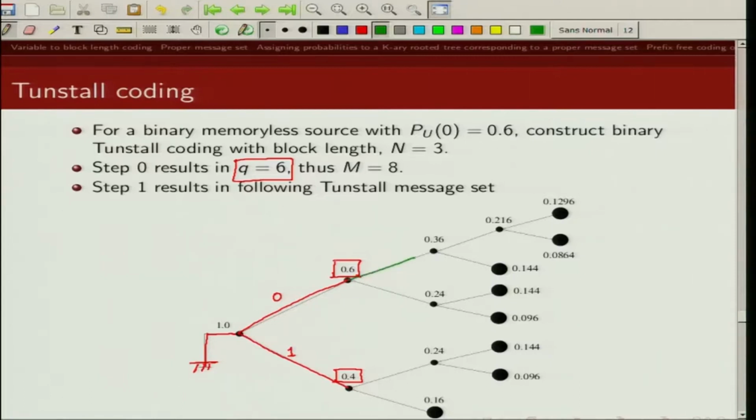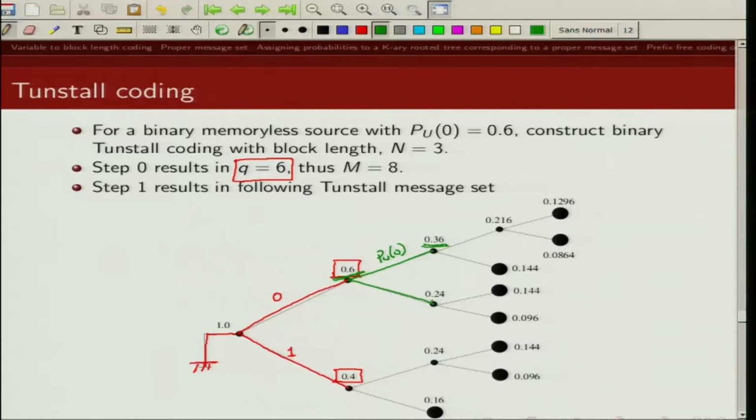So the first extension is something like this. This is my first extension of the extended root. This probability is nothing but the probability of this node, 0.6, into the probability of 0, which is 0.6. So this is 0.36.